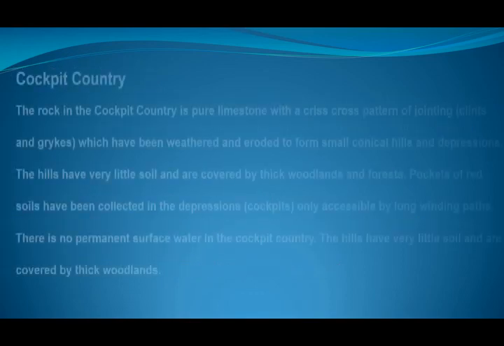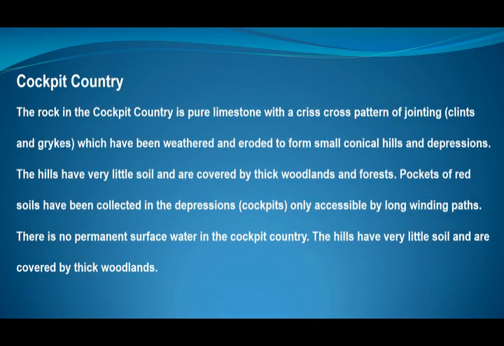So let us look at the cockpit country. Now the cockpit country is basically pure limestone which is crisscrossed by patterns of joints. And in these areas we have clints and grikes also. Now these have been weathered to form small conical hills and depressions.